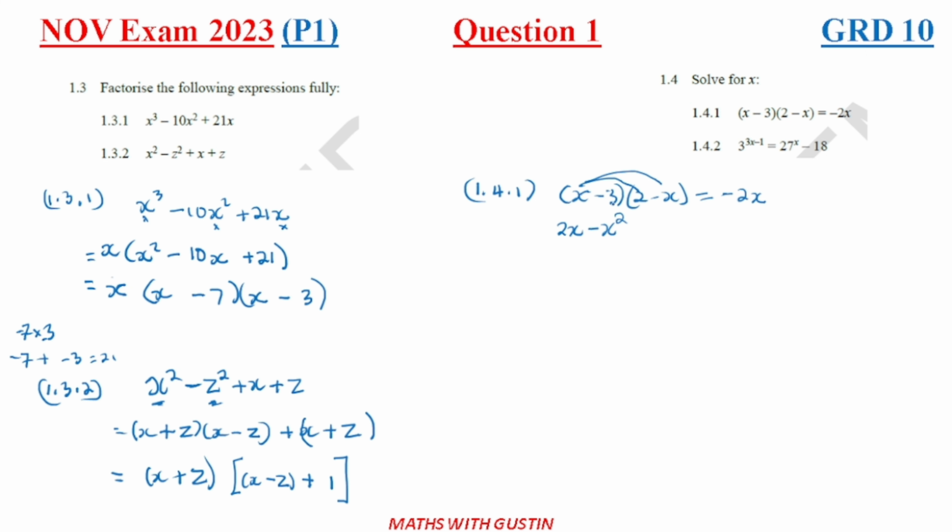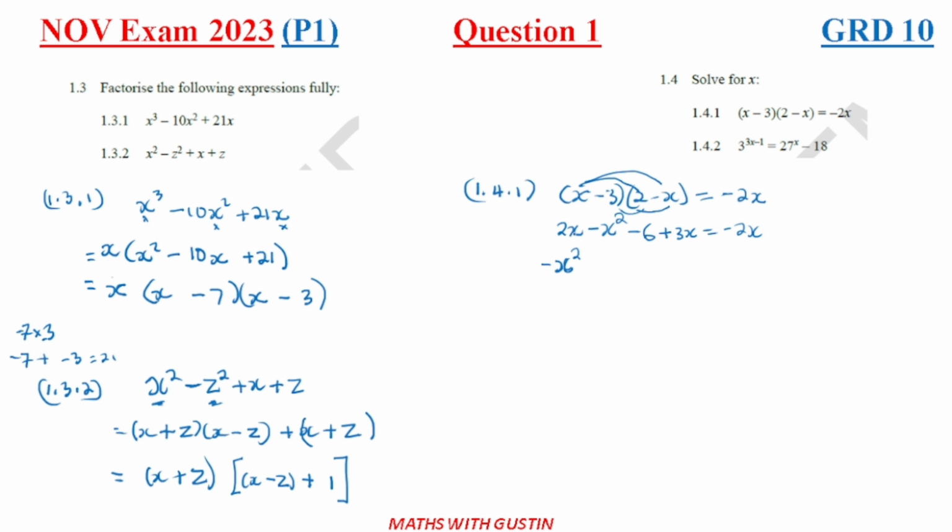Negative 3 times 2 is going to be negative 6. Negative 3 times negative x is going to be plus 3x. Therefore we have got a negative 2x on this side. Okay, so now if you have a look at this one here, guys, we can take negative 2x squared to this side.